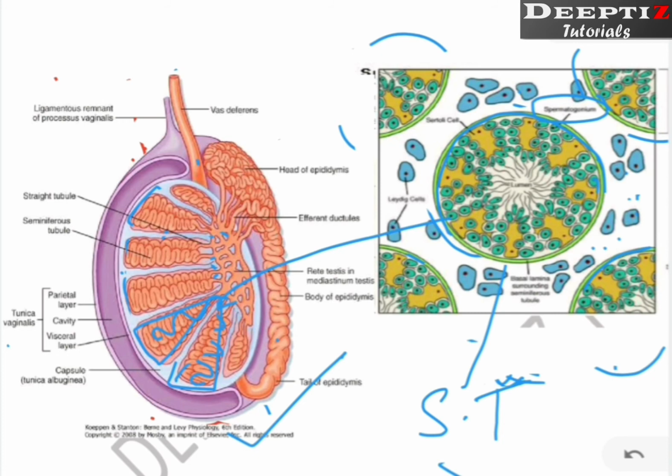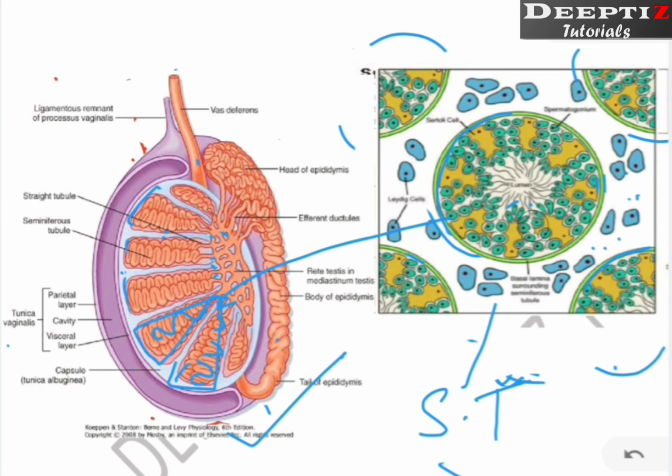Now what is the spermatogonium? The development of spermatogonium takes place from outside towards this lumen. If you see, the spermatogonium undergoes meiosis and finally it is going to become the sperm. Can you see these tailed structures here? These are the sperms which are formed from the spermatogonium.